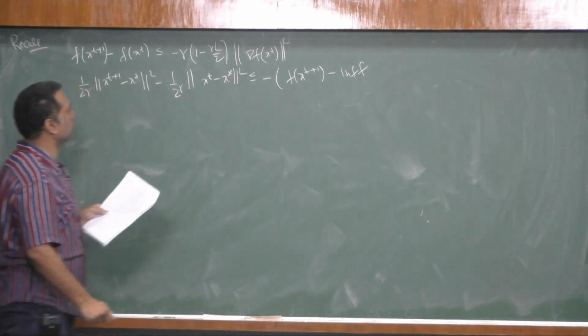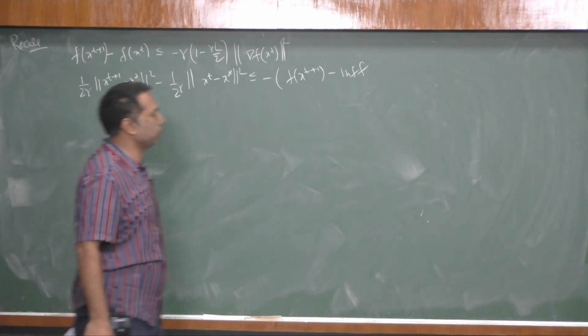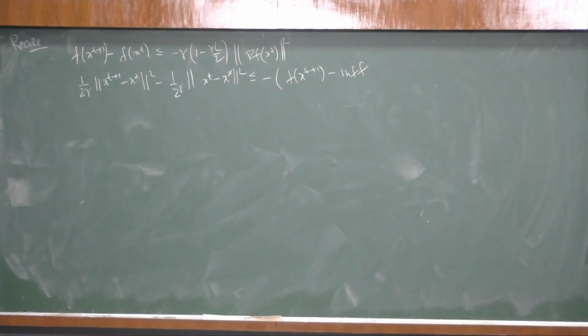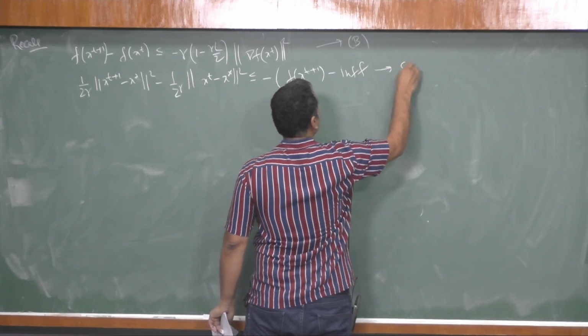So these are the two terms that we are going to combine with this. Let us call this A, and we have proved all this, so let us call this B, and let us call this C.